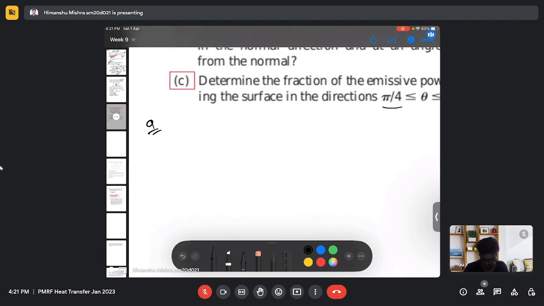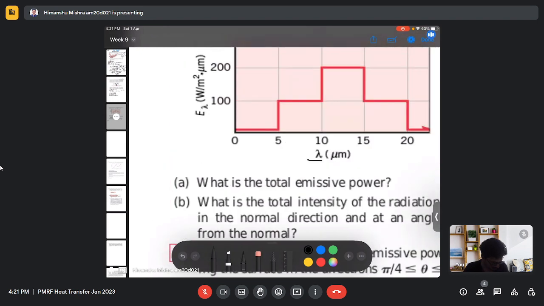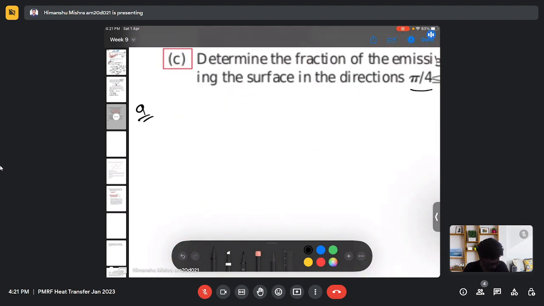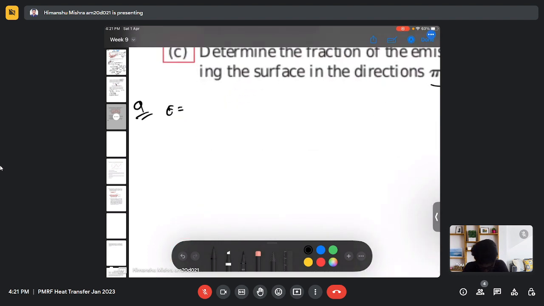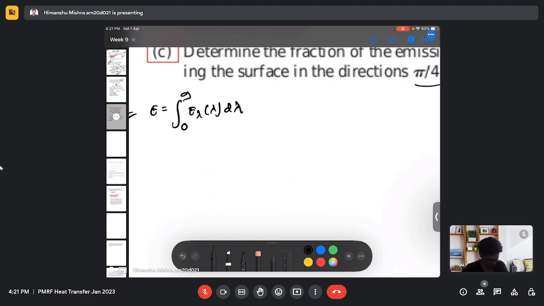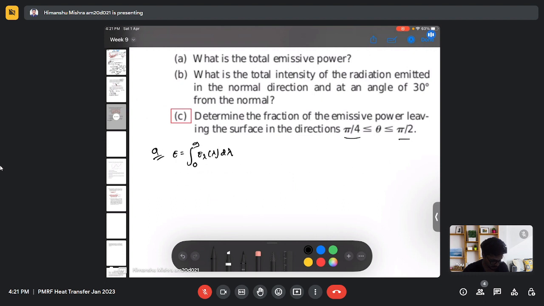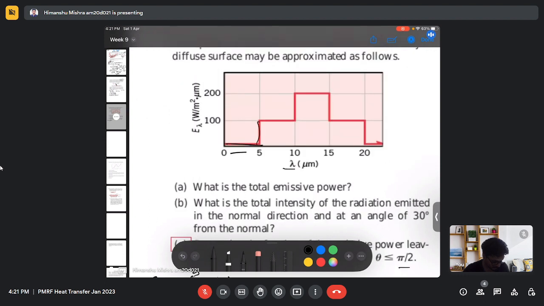So we have been given a spectral emissive power, which is a function of lambda, and my total emissive power will be found by integrating over all wavelengths.